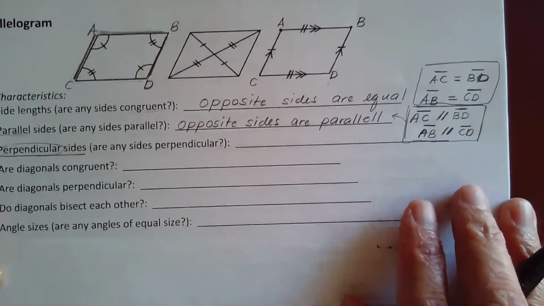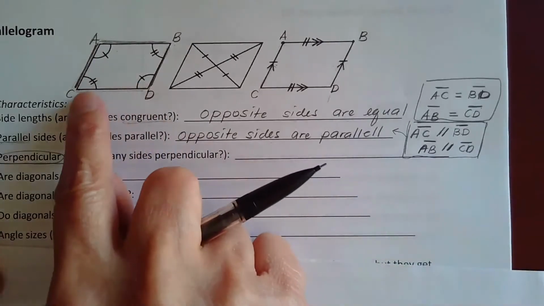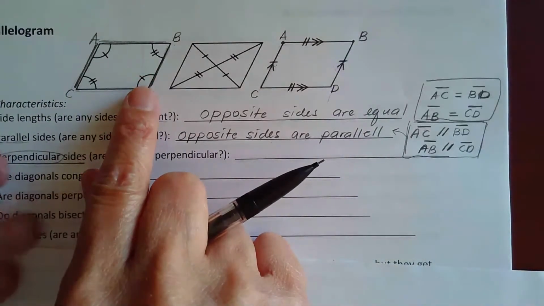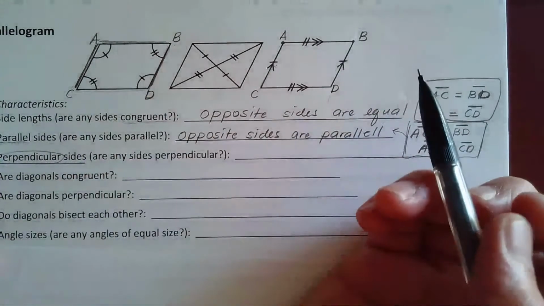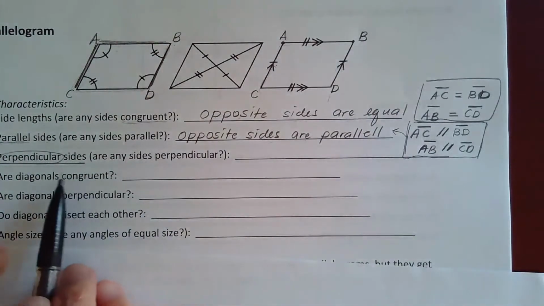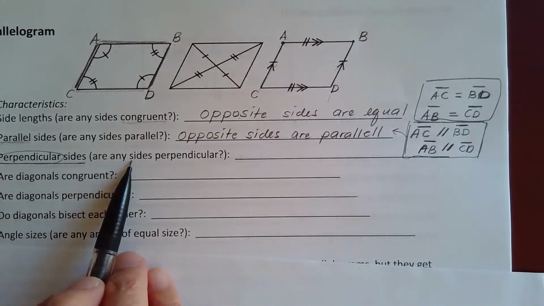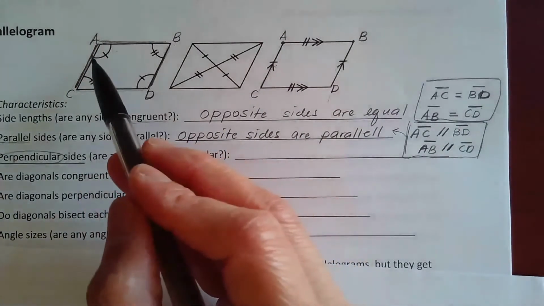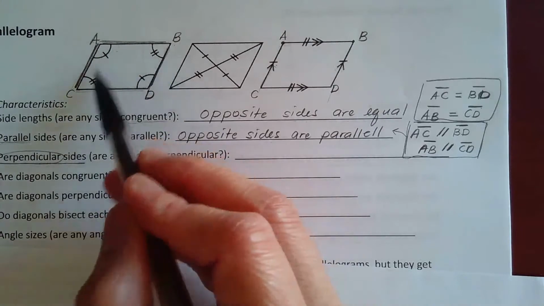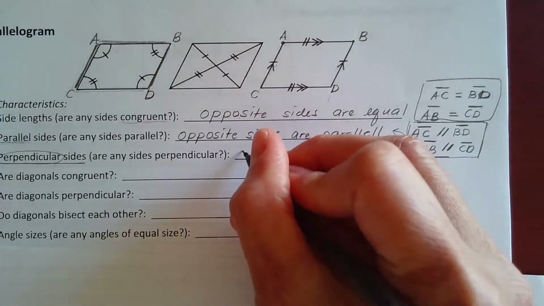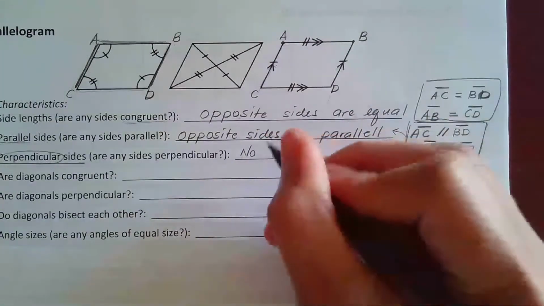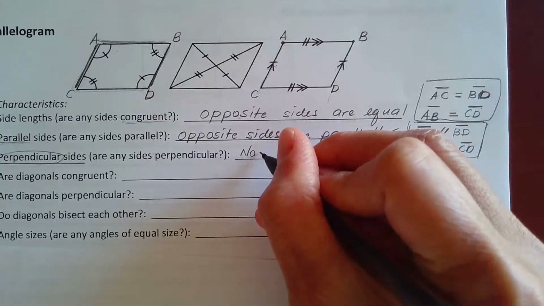So we can look at this one in this particular case, because this is a parallelogram. Are any sides perpendicular? In this particular case, no, none. No perpendicular sides.